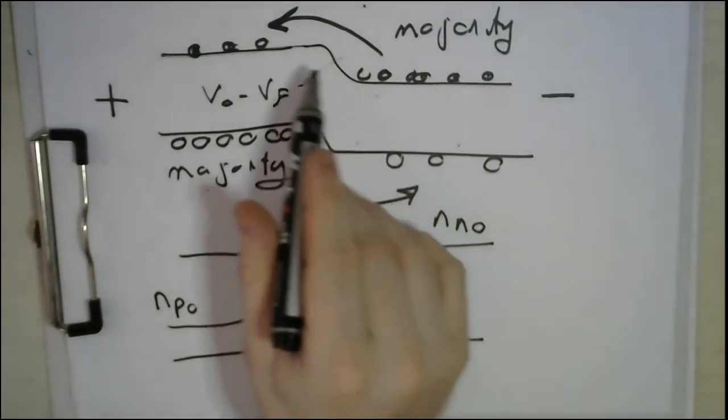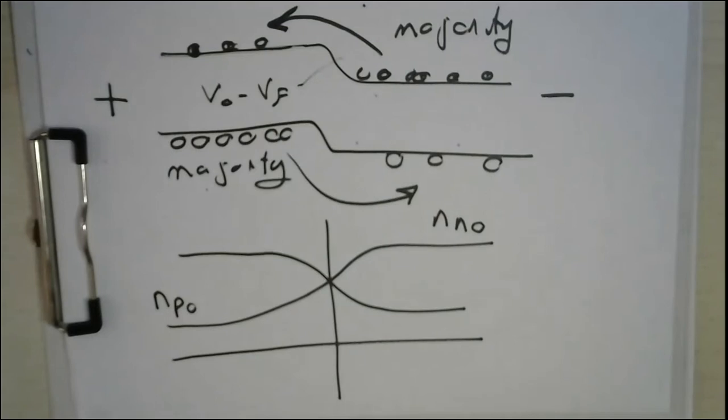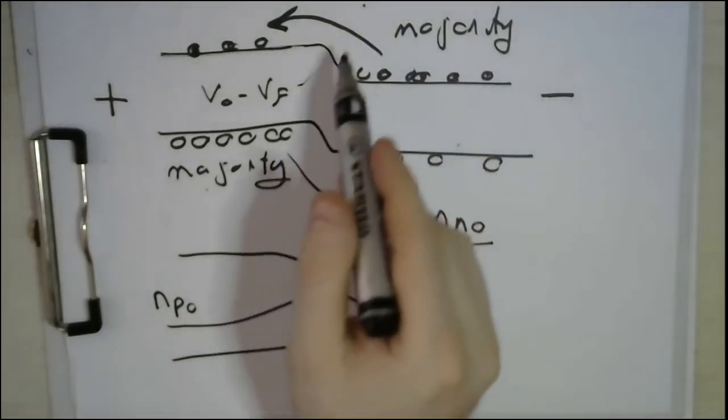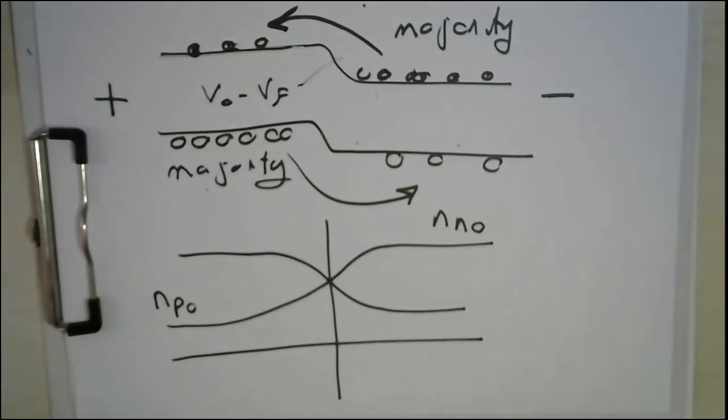When carriers start to flow from the majority to the minority, what should you expect? Basically, it makes sense that the majority will be somewhat reduced, and the minority will somewhat increase. This is very logical. But which of these two variations is more detectable?